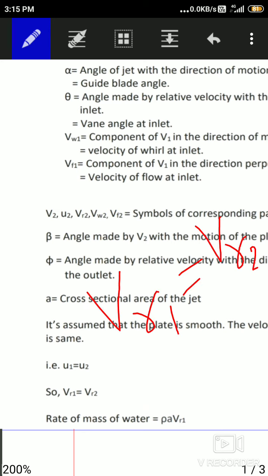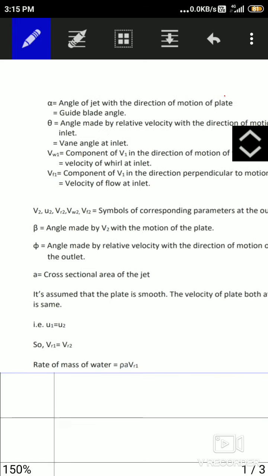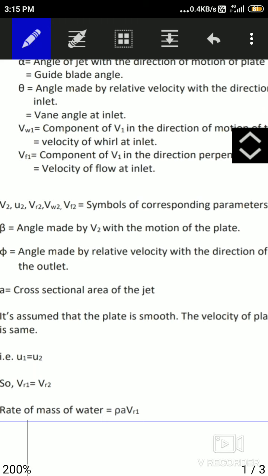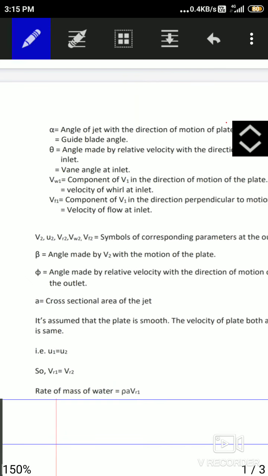So as per assumption, VR1 is equal to VR2. And like the previous case, the rate of mass of water is equal to rho A into relative velocity. So here we are taking relative velocity as VR1. So rate of mass of water is equal to rho A VR1.